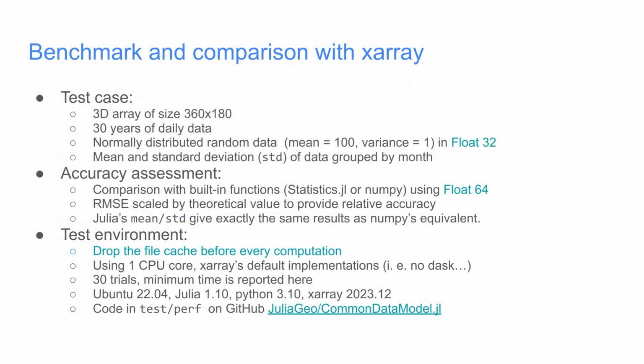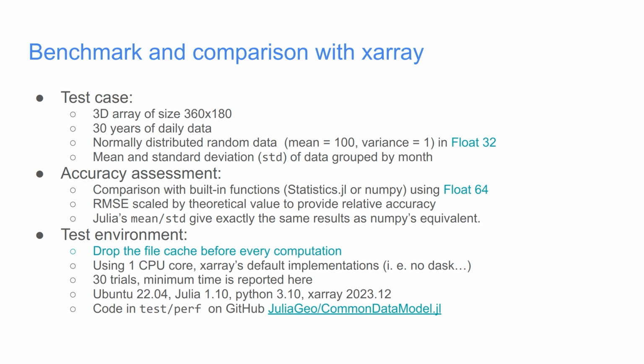Then we compute the RMS error scaled by the theoretical values. In single precision, the smallest increment that you can typically represent is 10 to the minus 7, so you have 7 significant digits.